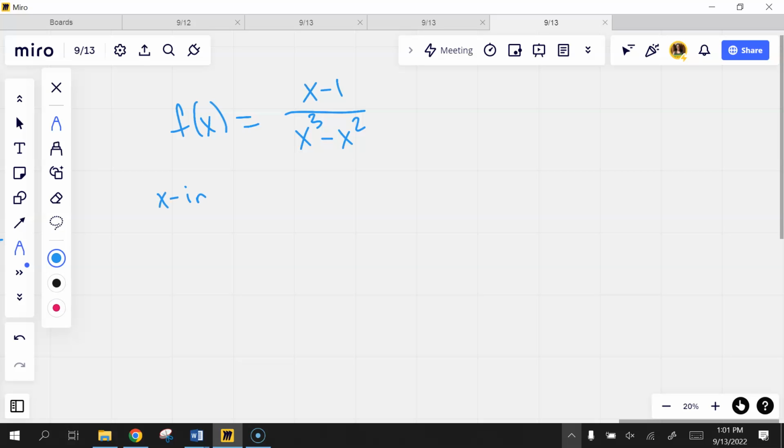Find the X-intercepts, the Y-intercepts, vertical asymptotes, horizontal asymptotes, holes, that's it right now.